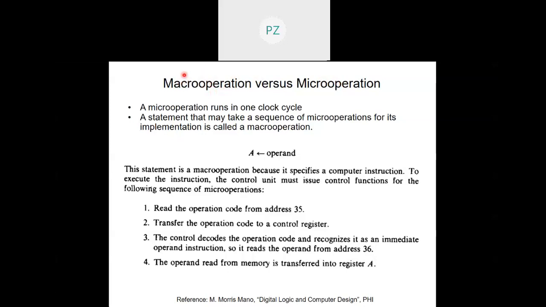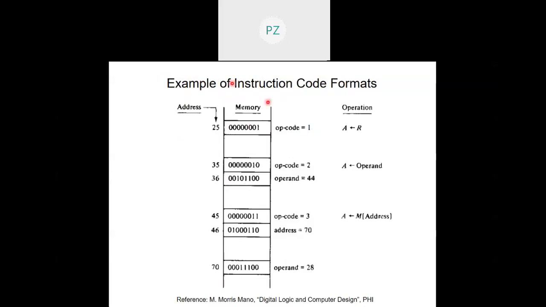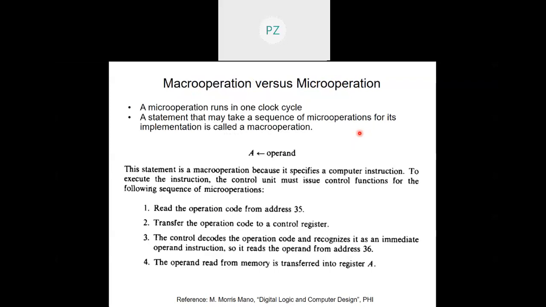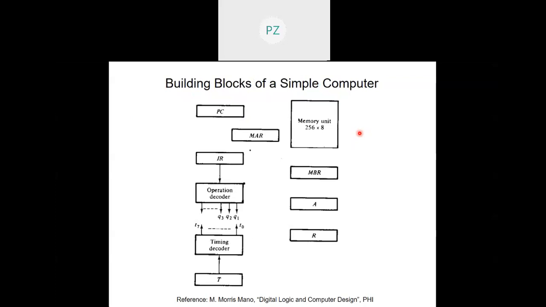Usually, a computer instruction is a macro operation. In fact, this will also be a macro operation because this is a computer instruction. It is just that it will take one clock cycle to complete itself. So a macro operation may take one or more clock cycles, whereas a micro operation will usually take one clock cycle.